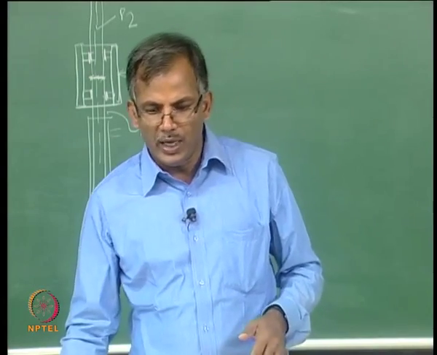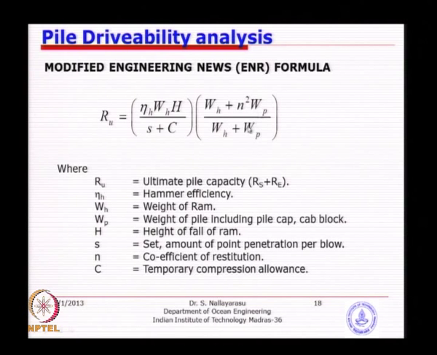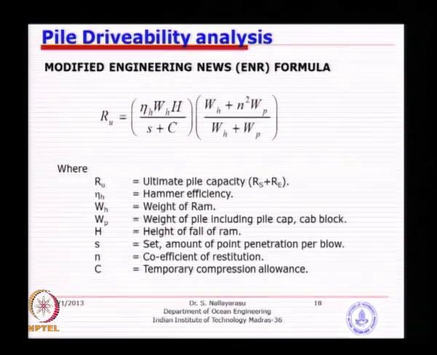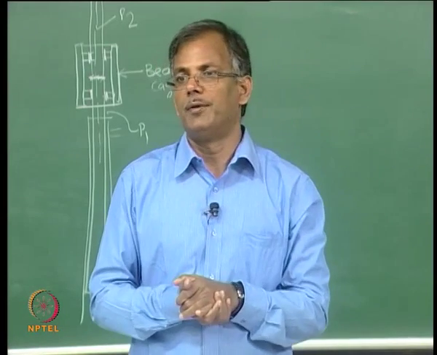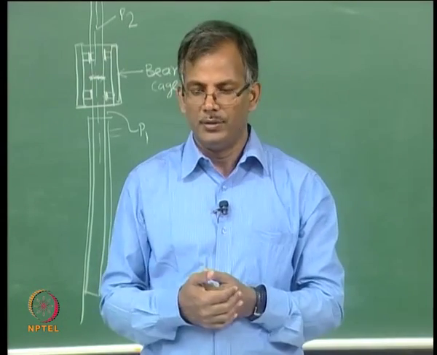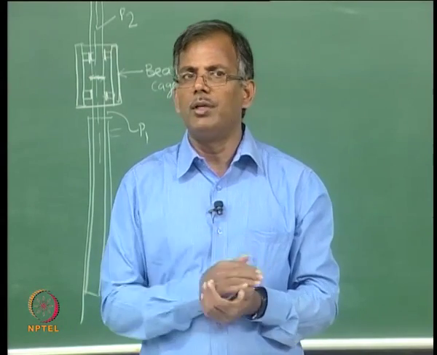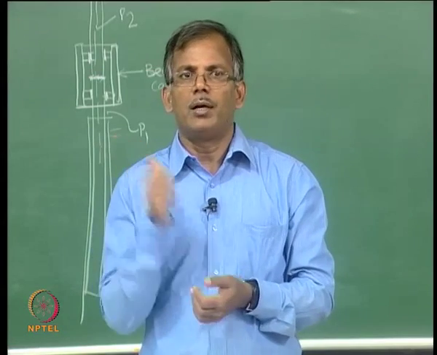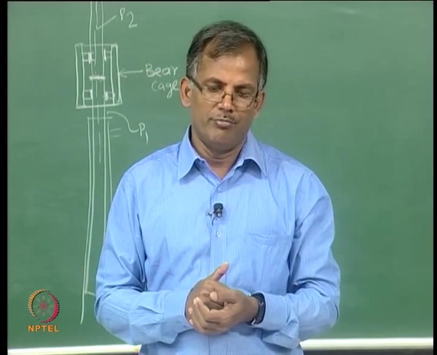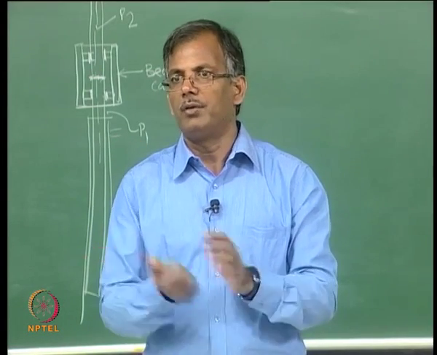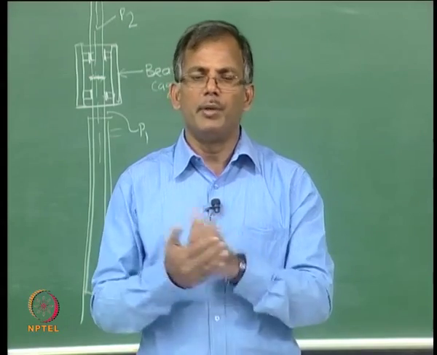So, that is why this has been taken into account in the modified engineering news formula, which we call ENR, and many times people use this. For a given size and weight of the pile, you should have a reasonable hammer size. That is why it is very close: if you do these calculations and compare with a computerized wave calculation like what we are going to do, the results are reasonably close.